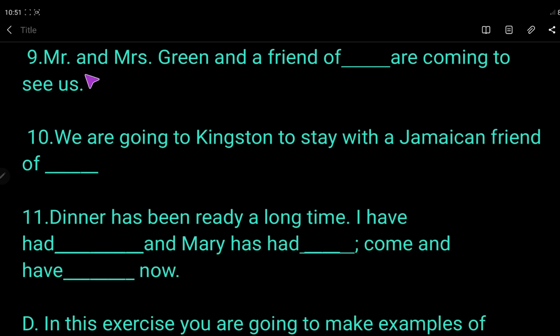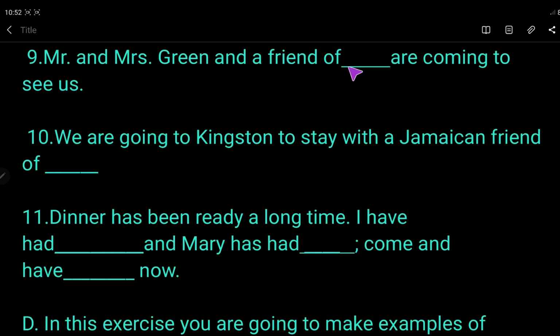Number 9 sentence: "Mr. and Mrs. Green and a friend of ___ are coming to see us." After the blank there is no noun, so we will use a possessive pronoun. Which possessive pronoun will be used here? In place of Mr. and Mrs. Green, we would use the pronoun "they," but here we will use the possessive pronoun.